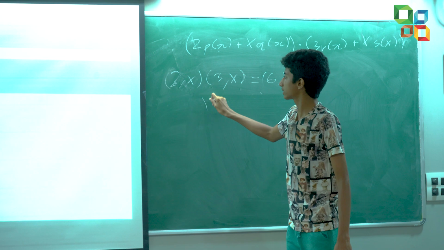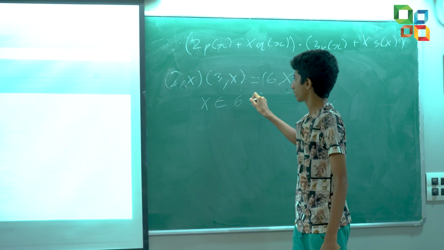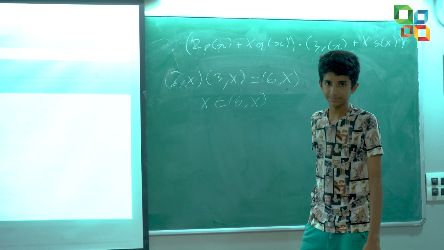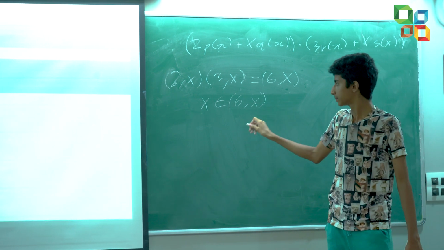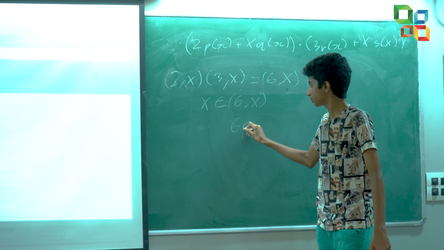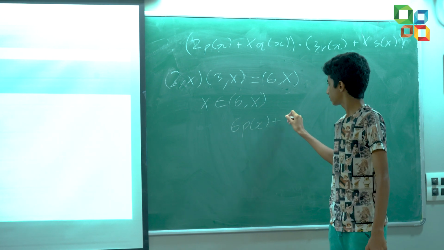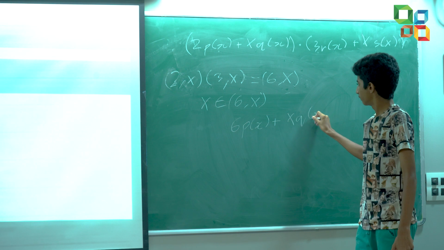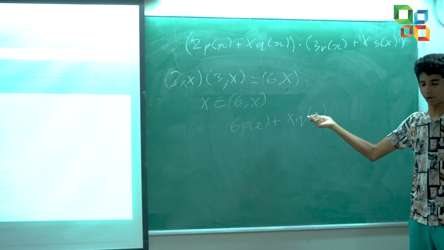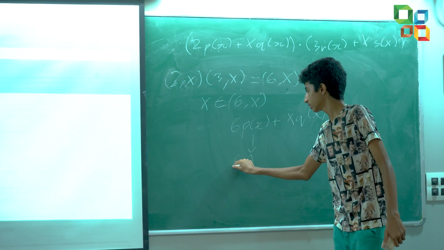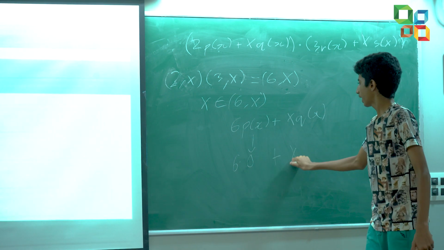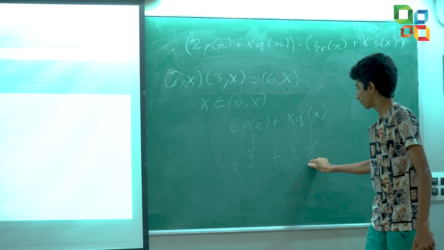Anyways, 2 comma x times 3 comma x is equal to 6 comma x. Now notice x belongs to 6 comma x. Why? The ideal 6 comma x: can it be written in the form 6p of x plus x q of x with integer polynomials p of x and q of x? Yes, right? Just choose p of x as 0, and choose q of x as 1.